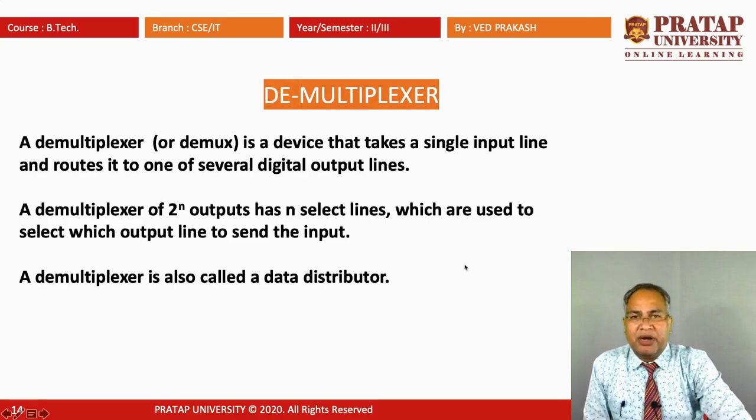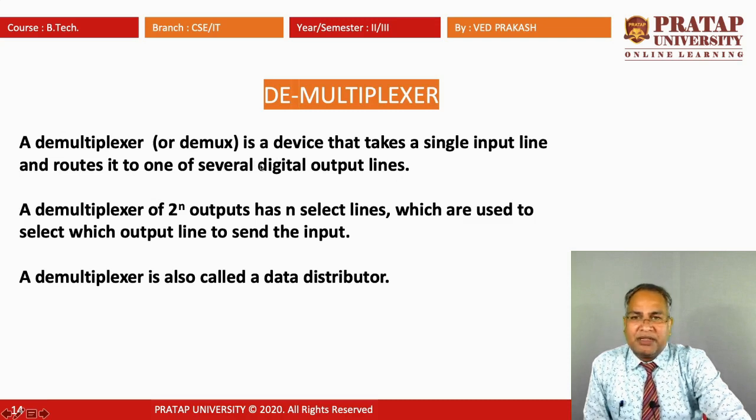The next circuit is the demultiplexer. Basically, a demultiplexer works just opposite to a multiplexer. As we know, a multiplexer is used to reduce the number of inputs into one. It means many inputs and one output, and the demultiplexer does the opposite, in which we take one input and produce n outputs.